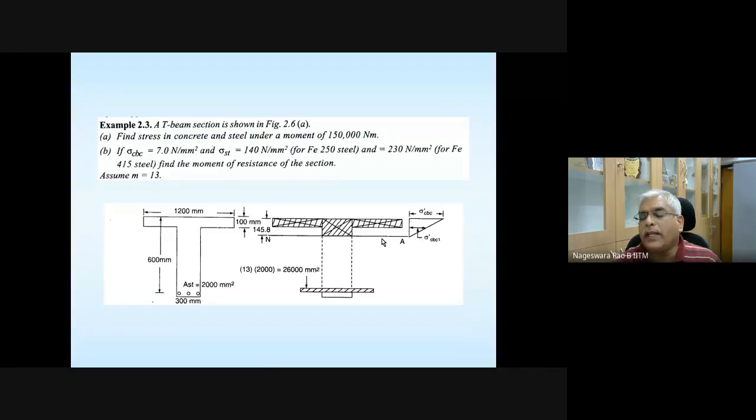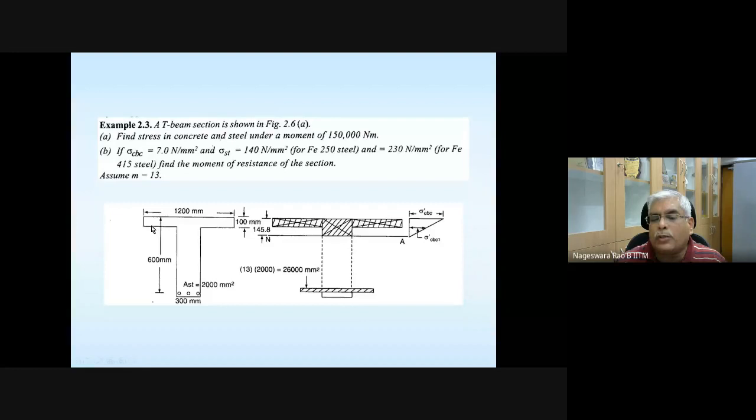So first thing is we need to have some kind of check to ensure in which region this neutral axis is going to lie. So for that, the first preliminary check that you can make is assuming the neutral axis to coincide with the bottom of the flange.